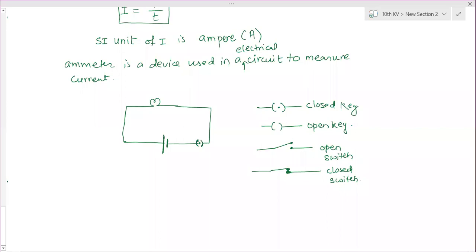This is a thicker rod. The bigger rod is the positive terminal, and the smaller line shows the negative terminal. The direction of current is always considered from the positive terminal of the battery to the negative terminal. Actually, electrons move, as I already told.